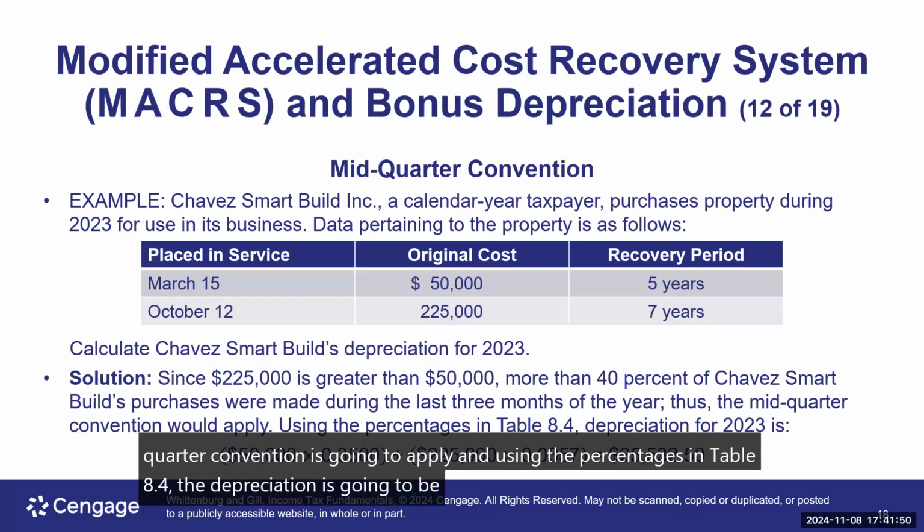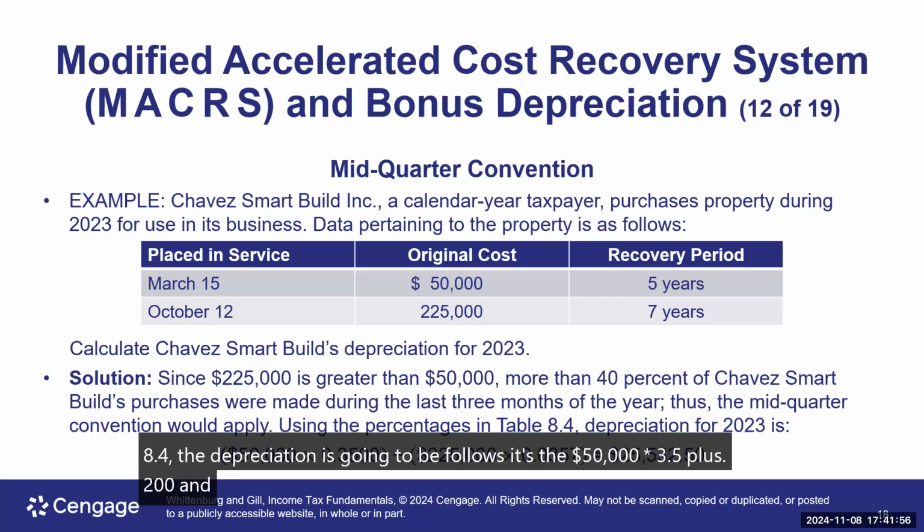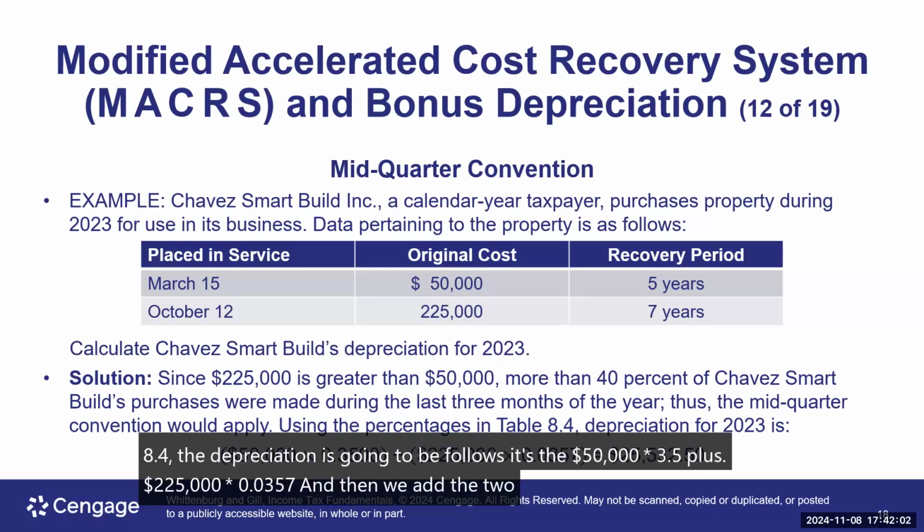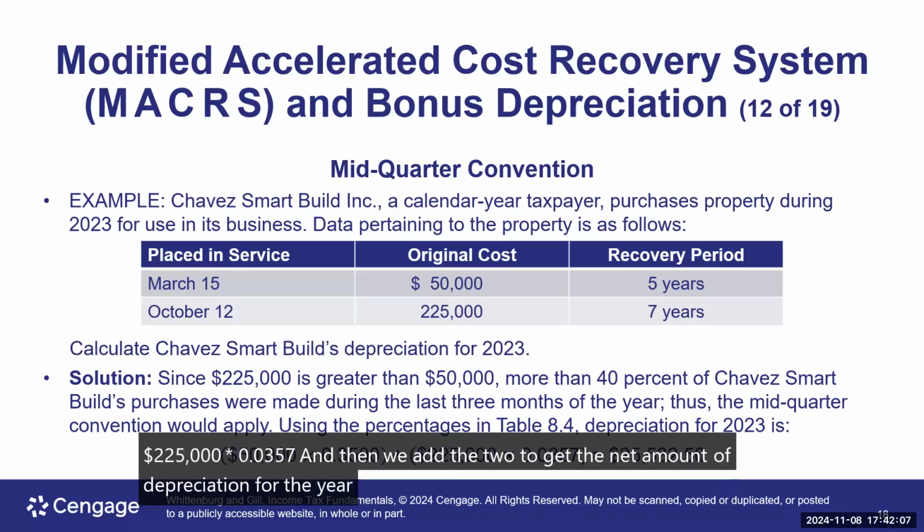It's the $50,000 multiplied by 0.35 plus $225,000 multiplied by 0.0357, and then we add the two to get the net amount of depreciation for the year, which would be $25,532.50.